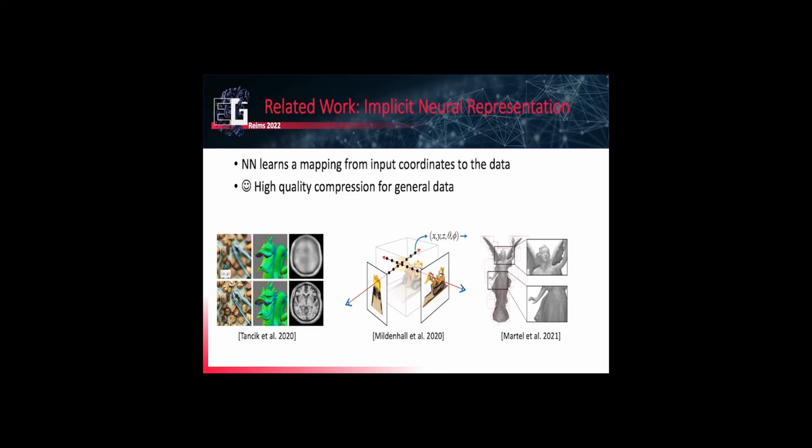Recently, neural implicit representations have been applied to various types of data, including 2D images and 3D shapes, and shown to be able to reconstruct highly complex data using a compact neural network. That means they can work as a learning-based high-quality compression algorithm for general data.